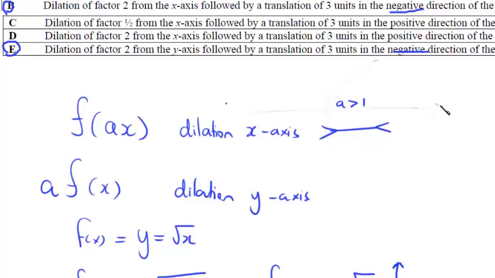If a is between 0 and 1, so it's a fraction, then it's actually dilation along the x-axis. This one on the other end, if a is greater than 1, then it's a dilation, a stretch along the y-axis. And if a is between 0 and 1, this is compression.